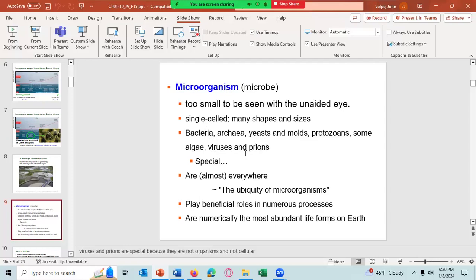They are not cellular life forms, viruses and prions. Microorganisms or microbes are almost everywhere, so we can say that there is the ubiquity of microorganisms. They play beneficial roles in numerous processes, and they are numerically the most abundant life forms on the planet Earth. Any question about any of that?